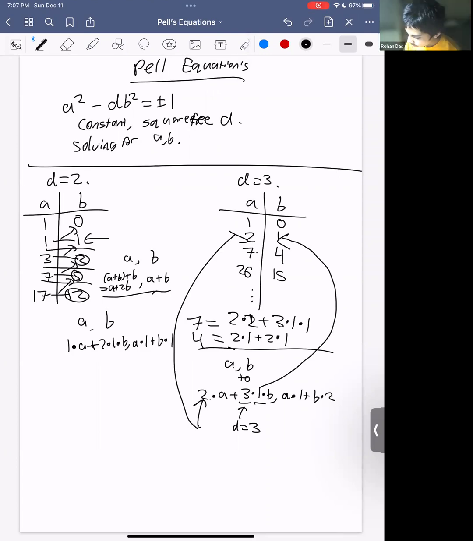And in general, if we have some solution a0, b0, this corresponds to the 1, 1 and the 2, 1.